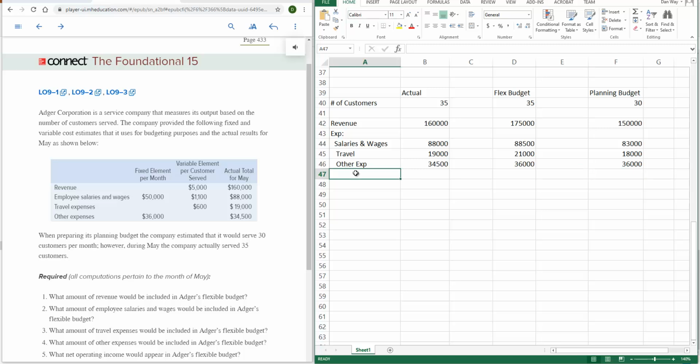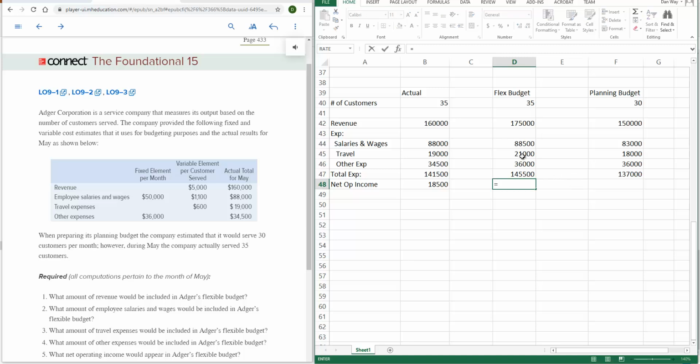Net operating income, let's go ahead and do that. So total expenses, we'll get a subtotal there just because we can. This is the total of just our three expenses here. I'm actually going to paste that formula across since the cells are the same. And then our net operating income just becomes the revenue minus those total expenses. $18,500 in the actual result.